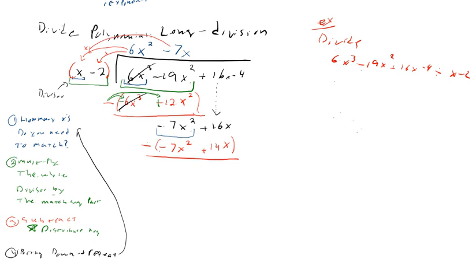So this becomes plus 7x squared minus 14x. It was plus 14, give it a negative, becomes minus 14. The 7x squared's cancel. 16x minus 14x is 2x. And bring down the minus 4. Bring down the negative 4.